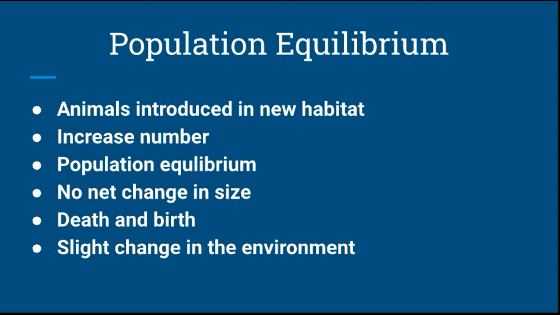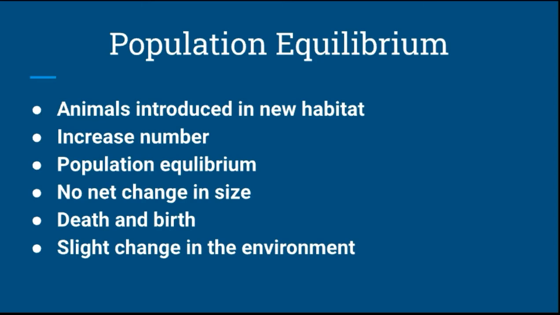Why? Because when there are slight changes in the environment, the population adjusts itself by fluctuating above or below the equilibrium. If some changes occur in the environment, the population increases as well as decreases, above or below the level.